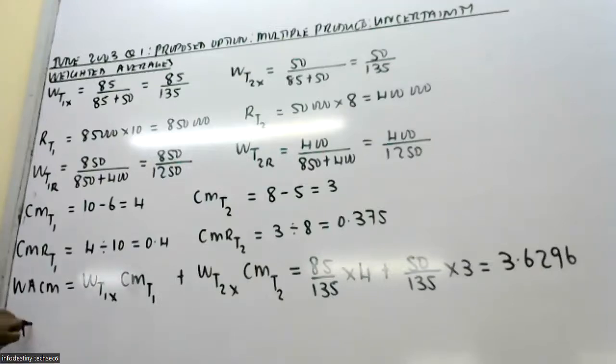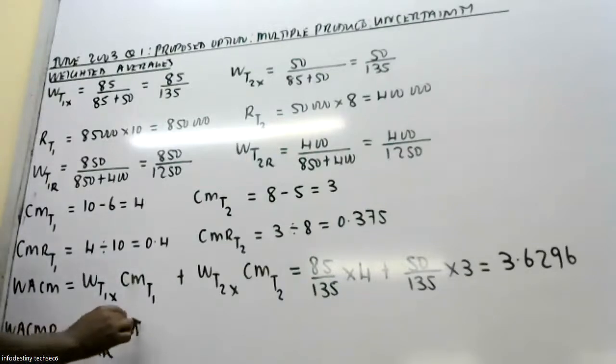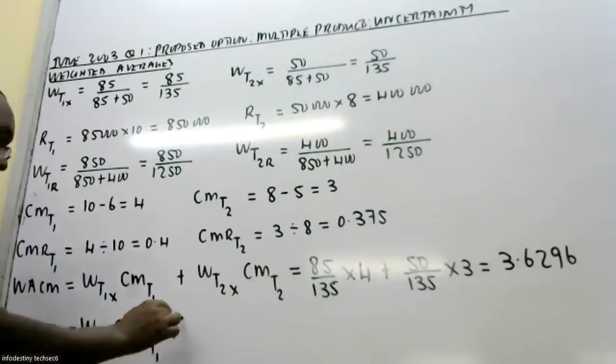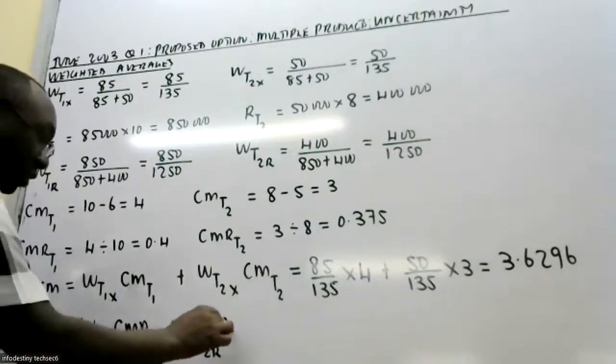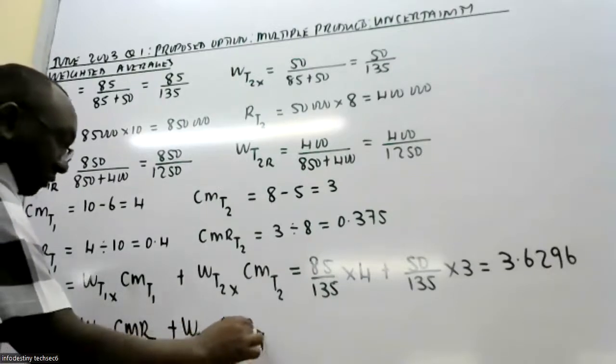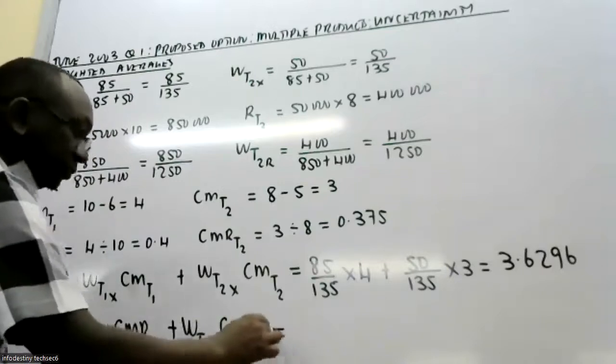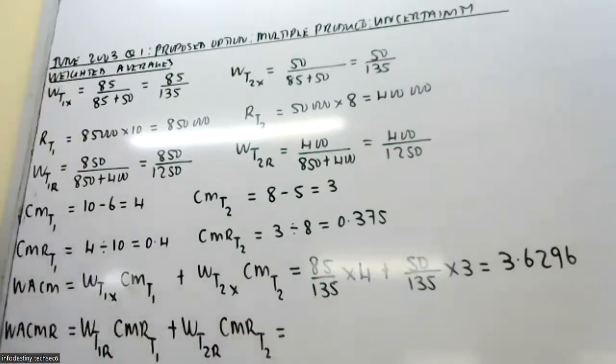WACMR will be the weight of T1 in terms of revenue times the contribution margin ratio of T1, plus the weight of T2 in terms of revenue times the contribution margin ratio of T2. That way.